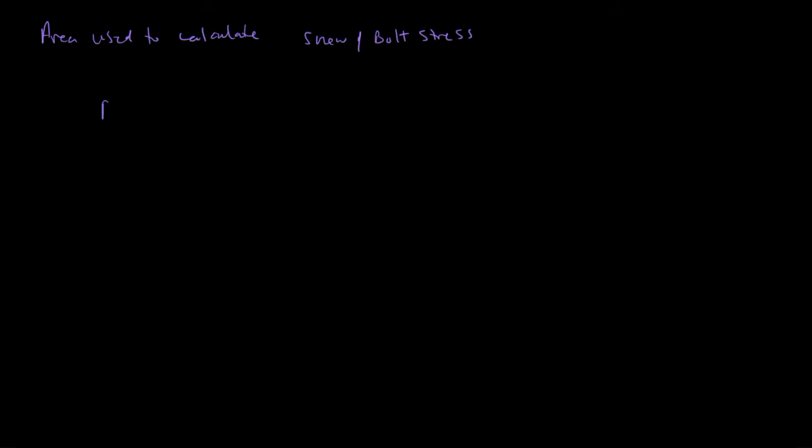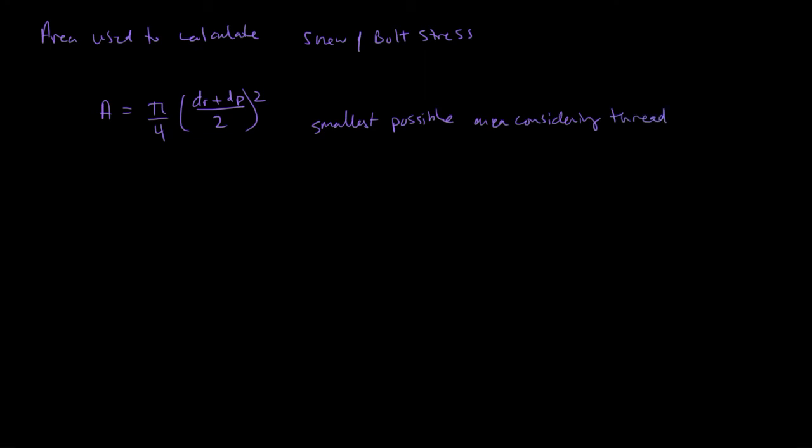So it would be your pi d squared over 4, and in this case we take the average diameter, and this is the average diameter between the root diameter and the pitch diameter, and we square that, and this is the smallest possible area considering the thread, and this is the area that's used to calculate bolt stresses.